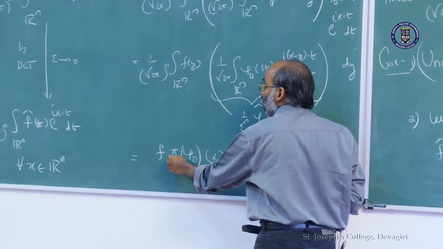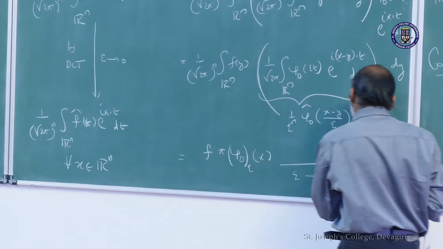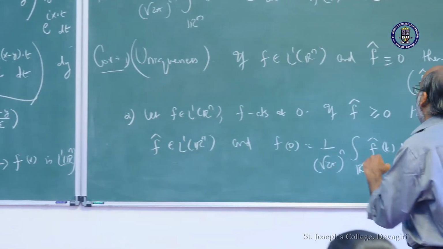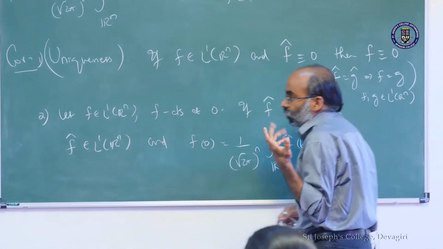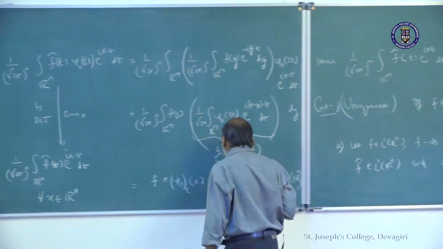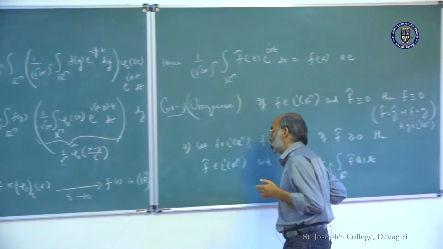So, f convolved with phi 0 epsilon at 0 will converge to f of 0, right. But f hat is positive, right. So, what we are saying is the integral of f hat is actually f at 0. So, it is finite, right, or you can use Fatou's lemma. Okay.